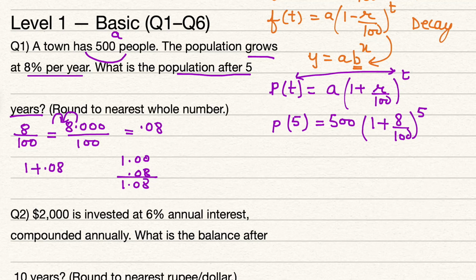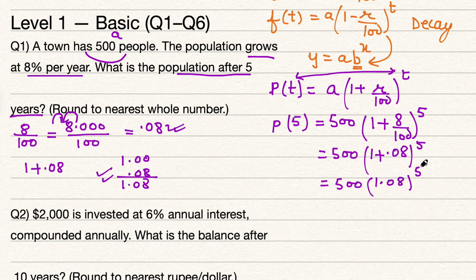So we will take these 2 points into account. That is equal to 500(1 + 0.08)^5 according to this concept, and then that is equal to 500 times, if we add like this, 1.08 raised to power 5.